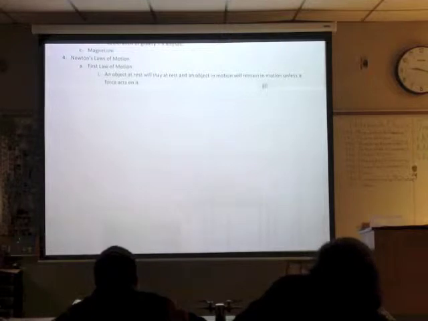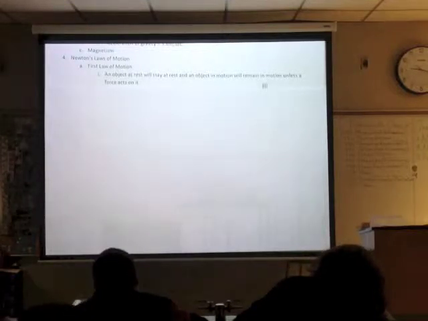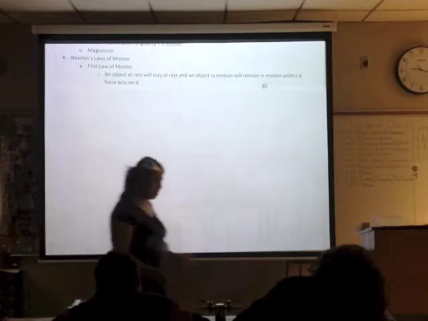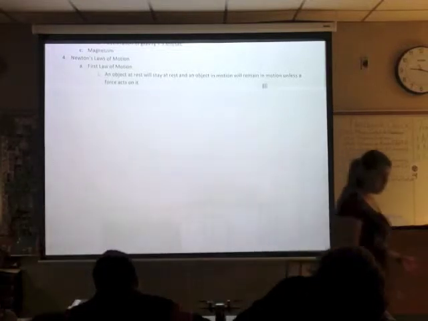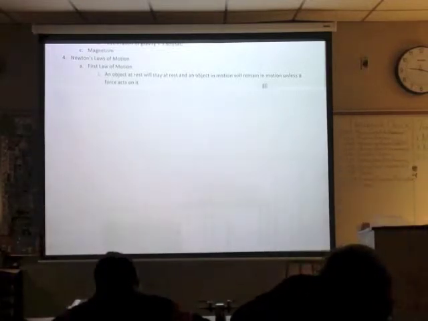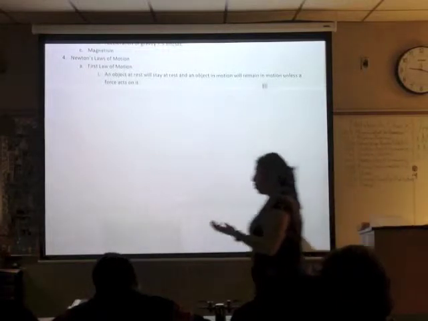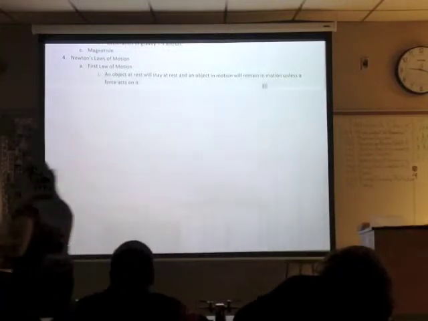So if an object is moving, it wants to keep moving because of its inertia. An object that's still wants to stay still because of inertia. And the bigger the object, or the more mass the object has, the more inertia it has.